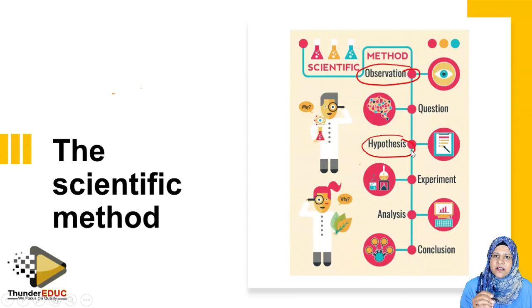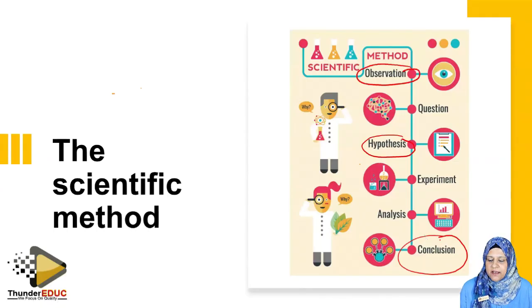After you observe a situation over a long period of time, you come up with a hypothesis, and then you conduct an experiment, you analyze your results, and then you come up with a conclusion. If your conclusion doesn't make sense, in other words, you can always go back and start a new question. And then you continue with this process until you come up with something that is satisfactory.